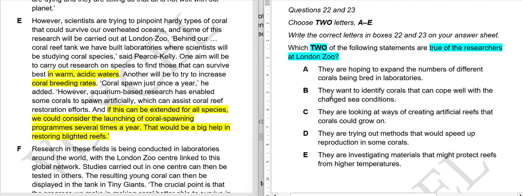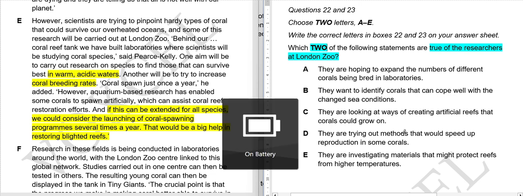B option, they want to identify corals that can cope well with changed sea conditions. Was there something about identifying corals that can do this? C, they are looking at ways of creating artificial reefs that coral could grow on. So are they trying to have different ways of creating artificial reefs? D option, they are trying out methods that would speed up reproduction in some corals.